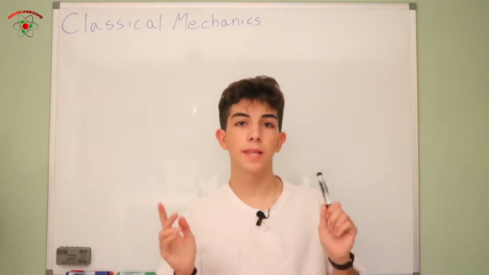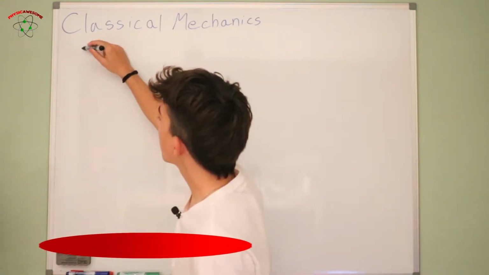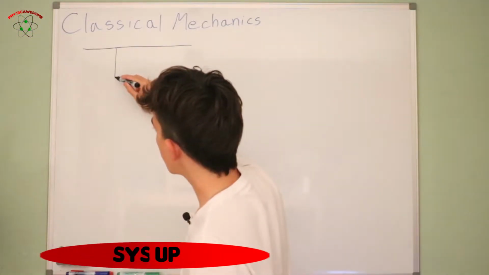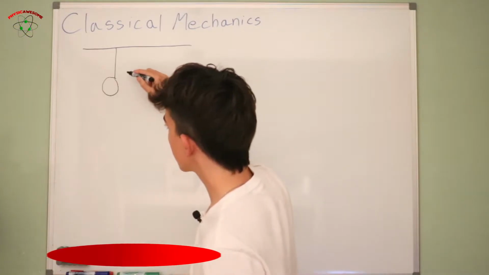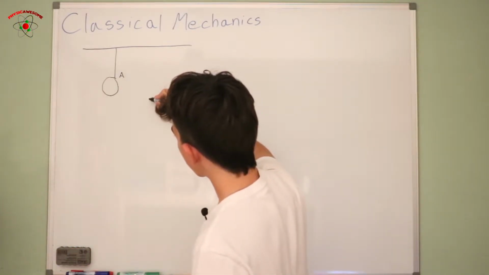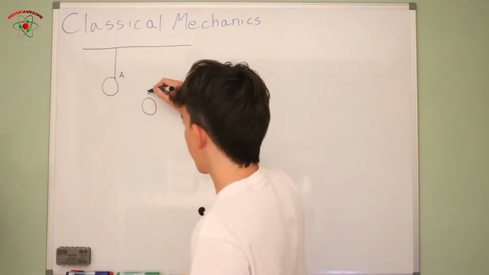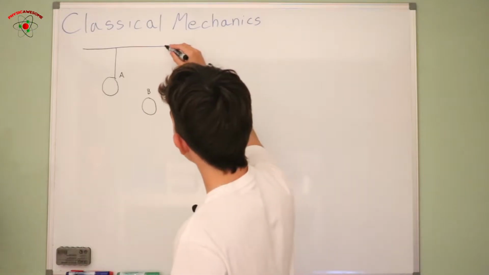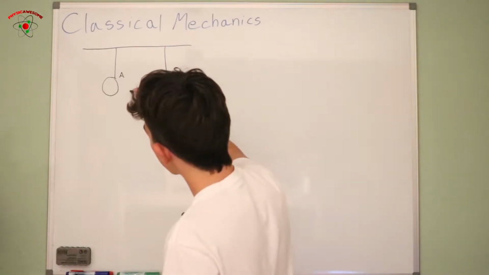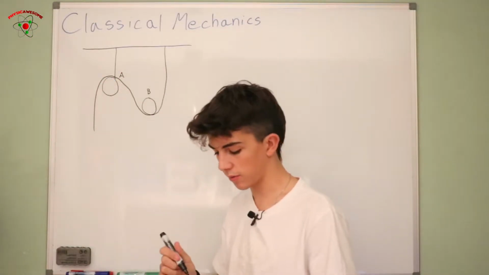Alright, so let's start setting up our system. In this video, we will treat a system consisting of a pulley right around here, we'll call A, and a pulley over here we'll call B. We are going to have a string that goes over here, and then it goes over here, and finally it goes down.